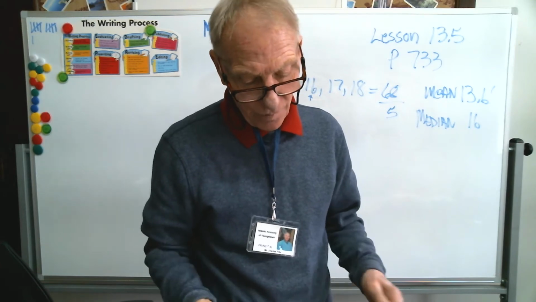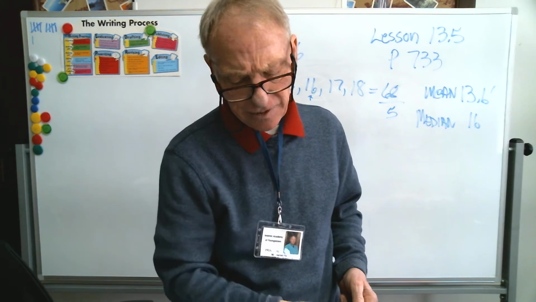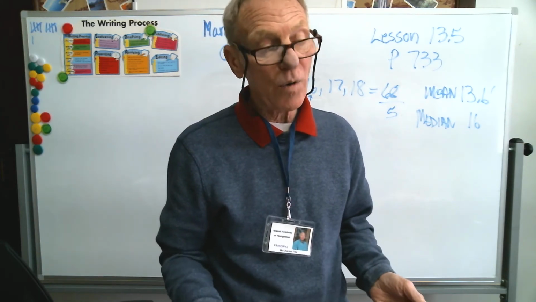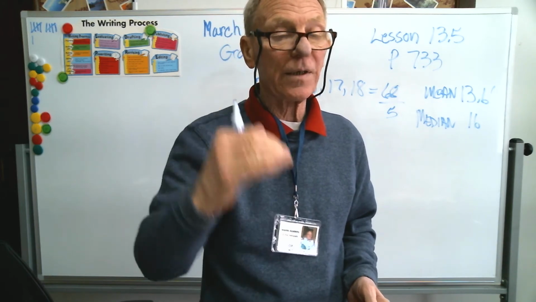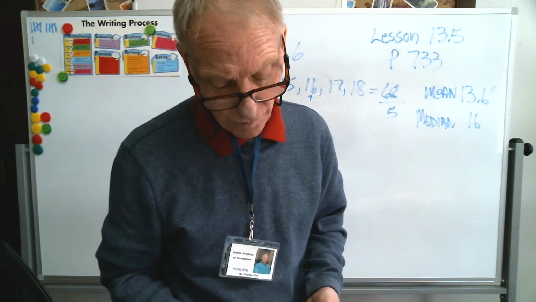Now, going through what they're asking for here, the data set has no repeated values, so there's no mode. Remember, mode is the most frequently occurring piece of data. There is no mode.